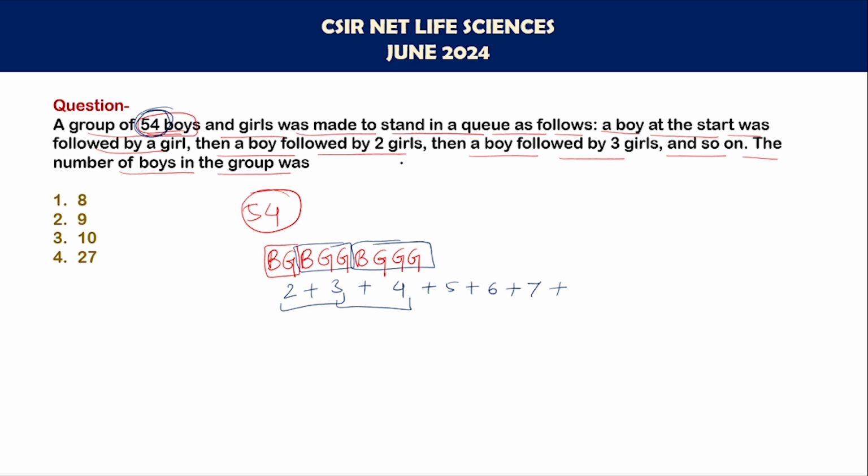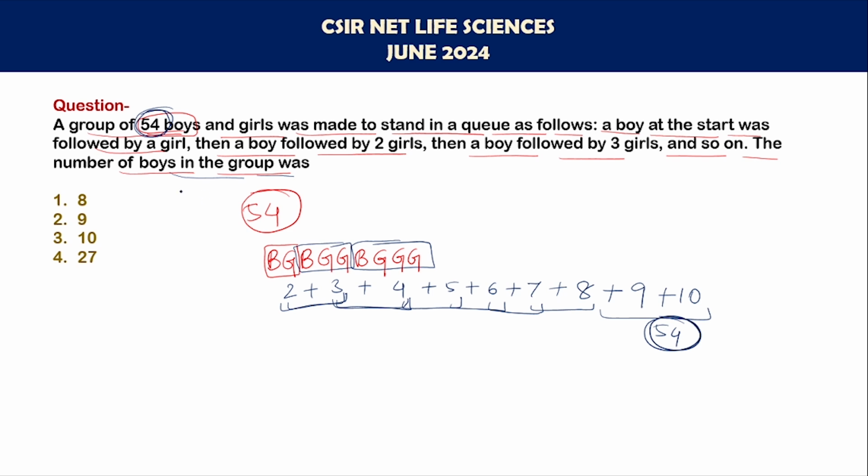Now what they are asking is the number of boys in the group, right? So if you see, this is 5, 9, this is 14, then 20, 27. Then if we add 8, 35. Then after adding 9, 35 and 9, it will be 44. And after that is 54, right? So here we are getting 54.